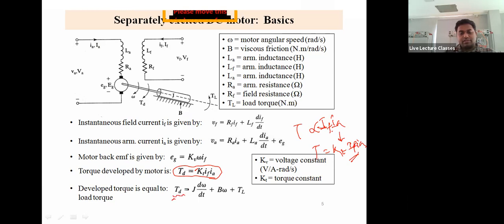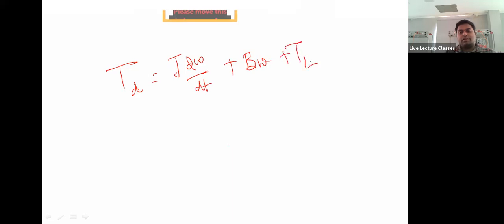And then this TD, which is the developed torque, is equal to J into, let me also show it here, developed torque should be equal to the acceleration part torque J d omega/dt plus B omega plus TL.